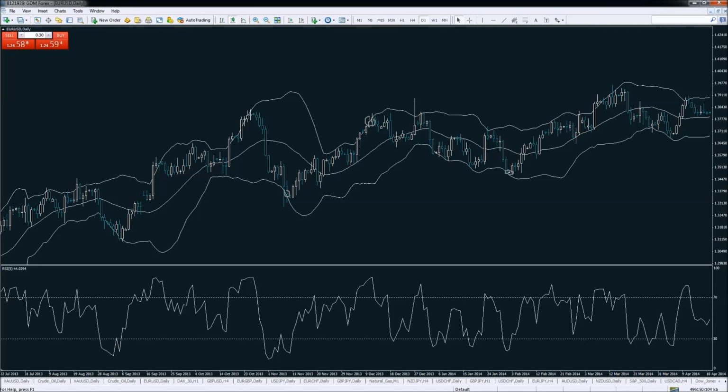Some of you already noticed last time we were talking about the Relative Strength Index and its power to the 14-period exponential moving average. Right now we're swapping it for a 20 exponential. It's extremely important because it's a bit slower, but with the other indicators that we're going to use later, we'll make better entries and exits.